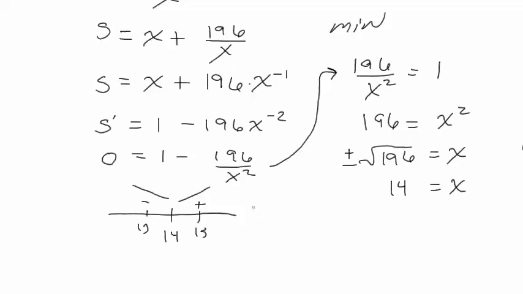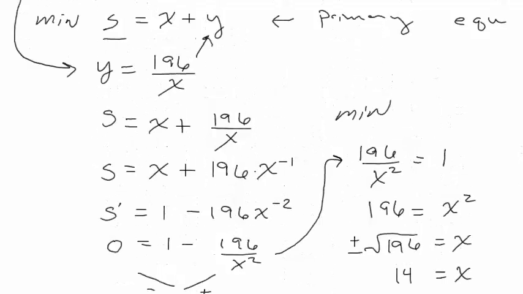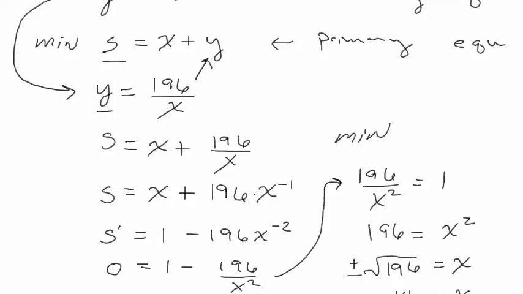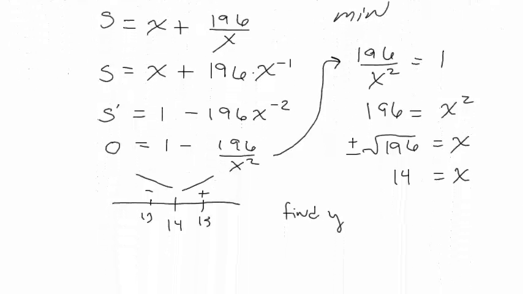All right, we've got one of the numbers. Now what we need to do is find y, the second number. So let's go back up here, and we can find what y is.